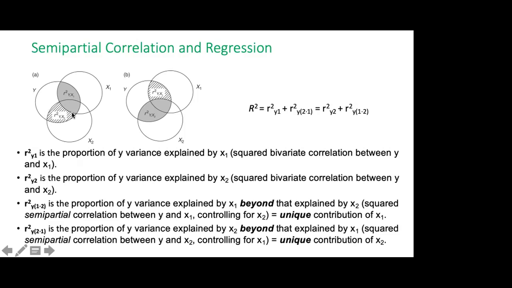And this dashed area here, that is the proportion of y variance that is explained by the second predictor, that is not already explained by the first one. So that is basically beyond that explained by the first predictor. That corresponds to the square of the semi-partial correlation coefficient.